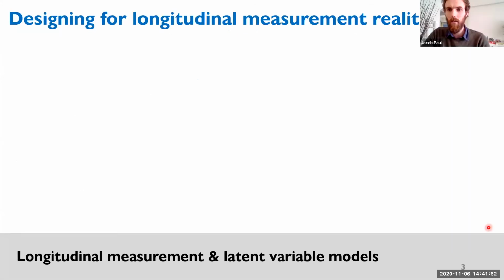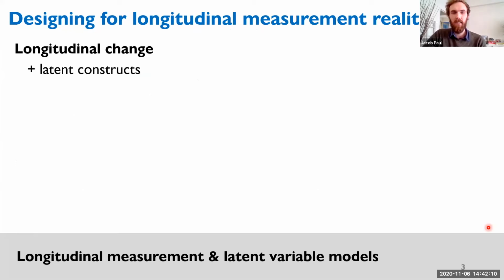Okay, so first of all, in discussing longitudinal measurement, I really want to start with the what, the when, and the how, essentially. I'll leave the more why and who questions to Pam's presentation. But in terms of the what: what are we measuring?